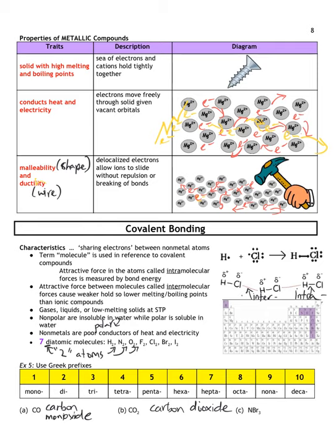Naming, once again, once you feel the flow of things, please make sure you just try it on your own. The next one is nitrogen. I see 3 bromides. So 3 is tri. So nitrogen tribromide is my answer.